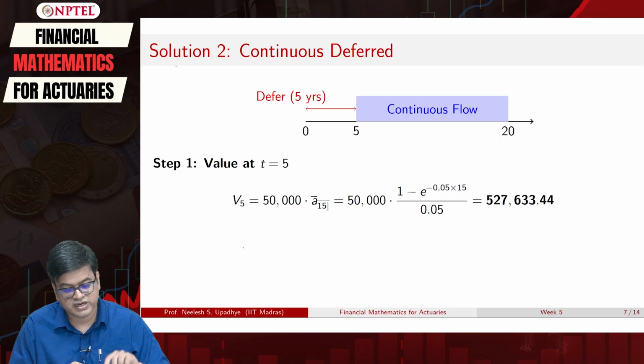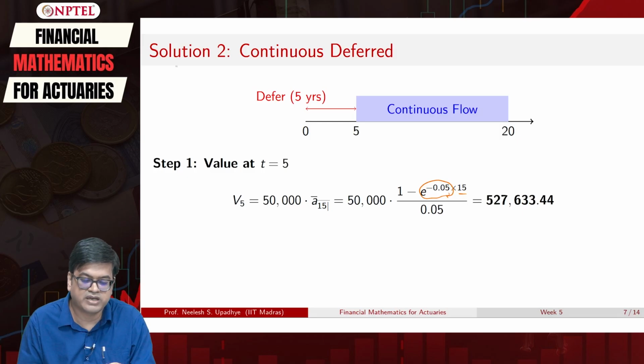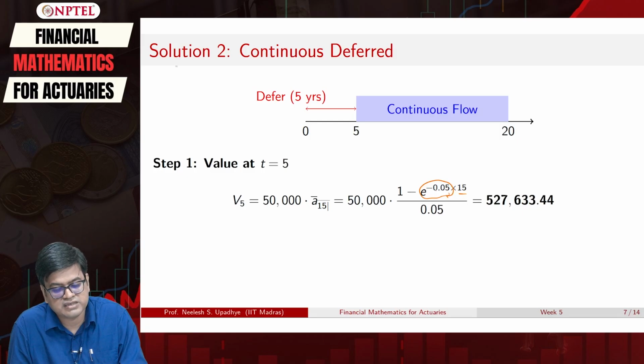That is what is reflected here, correct? And then it is multiplied by time period, which is 15. So 1 minus e raised to minus n delta, upon the delta factor will come in. So this is the delta factor.